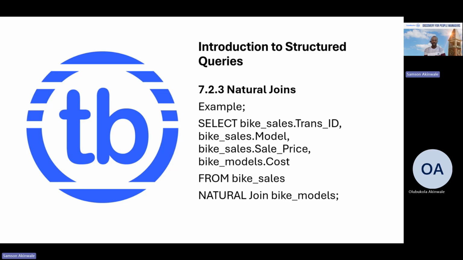And without the primary key and foreign key combination, we could get to use those joins, and essentially now we can use natural joins. So natural joins, unlike the basic joins, do not necessarily have to have the primary key and the foreign key combination.